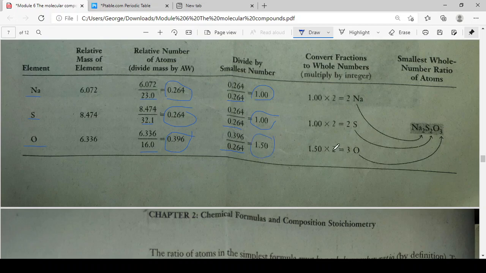And lastly, you convert the fractions to whole numbers. This is how simply you get your simplest formula.